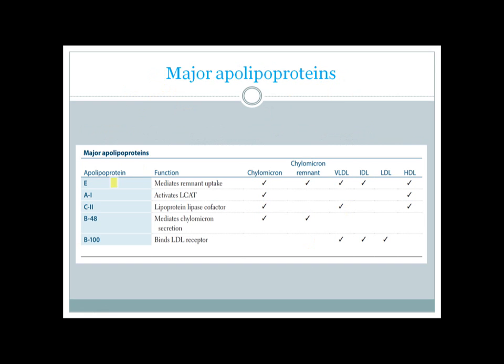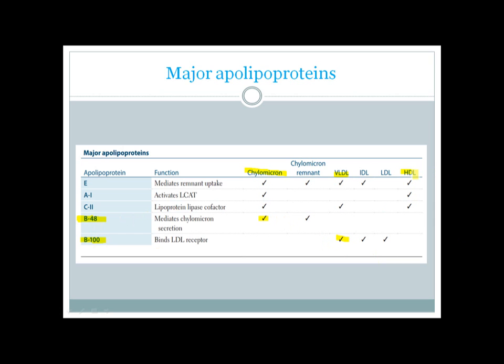So you can summarize the apolipoproteins present on different types of lipoproteins. As I have already mentioned, for chylomicron the most important apoprotein is ApoB48, present from the birth of chylomicron. For VLDL, the molecule present from the birth of VLDL in the liver is ApoB100. Okay, this is a very important molecule to note.